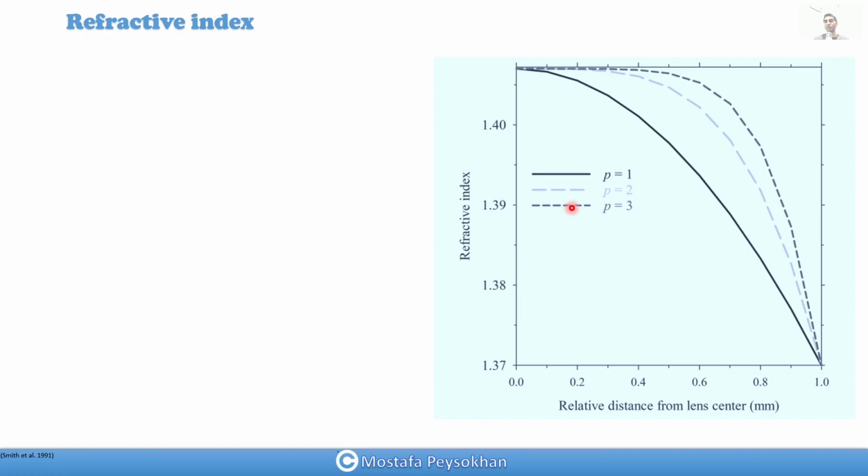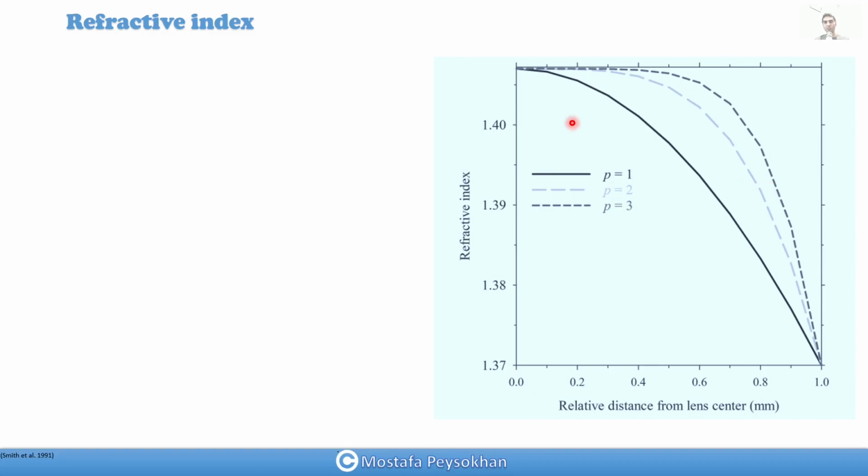In this graph, you can see it better. Going from the center to the edge is the relative distance from the lens center, and then the refractive index. When p is equal to 1, it goes very smoothly. But when p is equal to 2, at the center, as I said, the refractive index is constant, but then when you go to the edge, it goes down very fast. So right now we have a little bit lower steepness, here we have high, and here we have super high steepness.